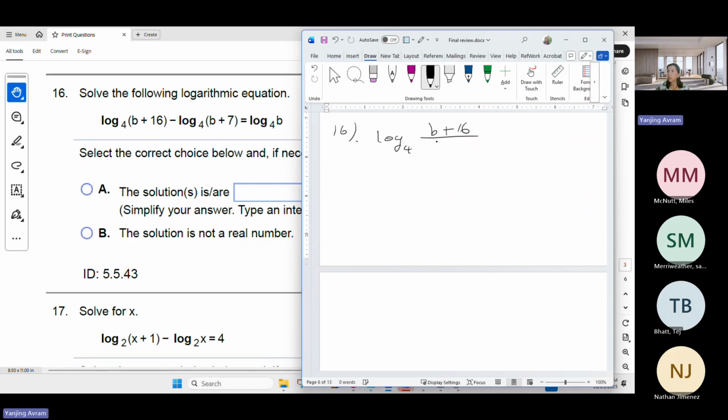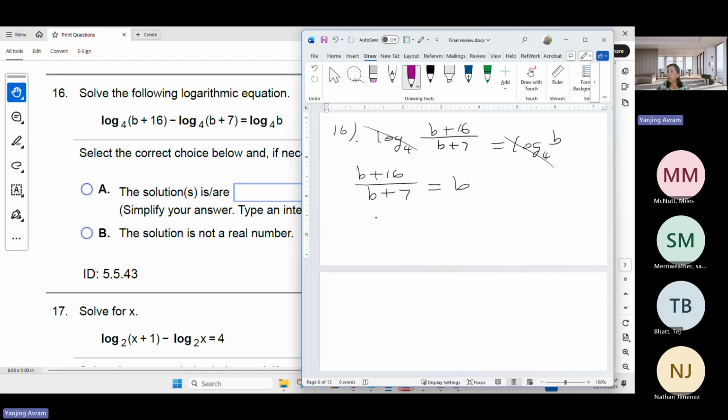All right, this is the quotient rule, equal to log base 4 of b. And then this log can be gotten rid of because each side only has one log. You cannot get rid of the log at the beginning because this side has two logs. So using the quotient rule, combine into one log, and now you can get rid of the log.